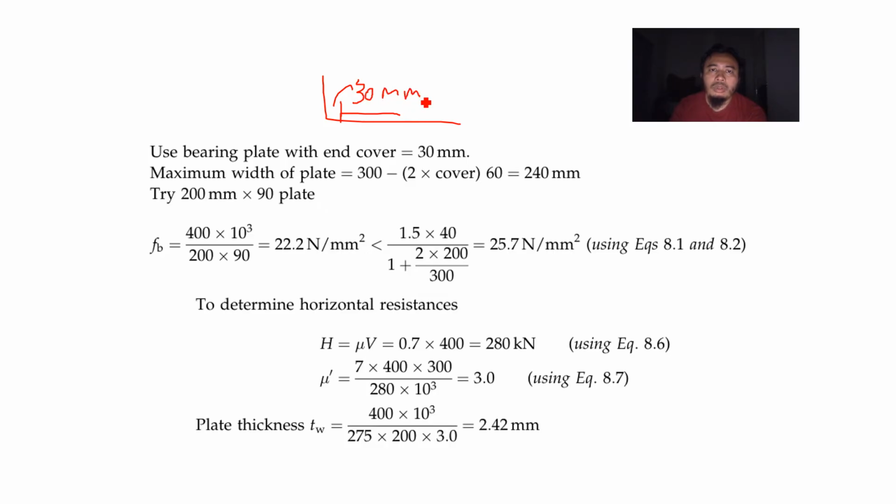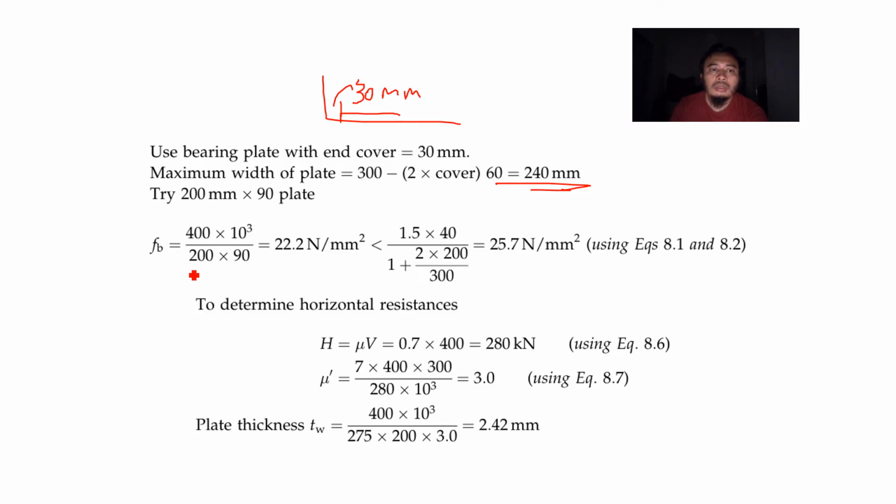And then your maximum width of plate will be 300 minus 2 times cover, which is 60, so the maximum width of the plate is 240. Then you try a 200 mm times 90 plate.